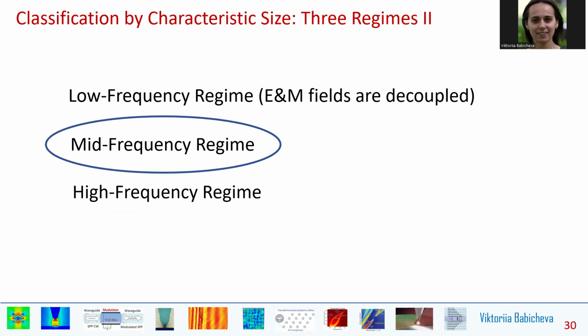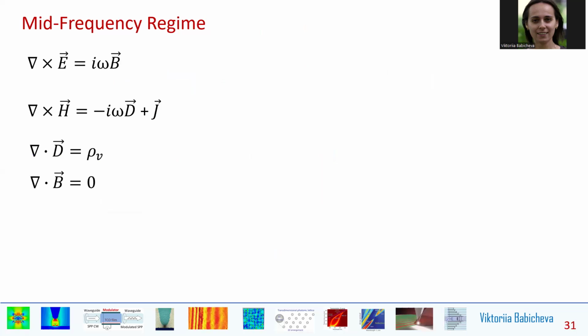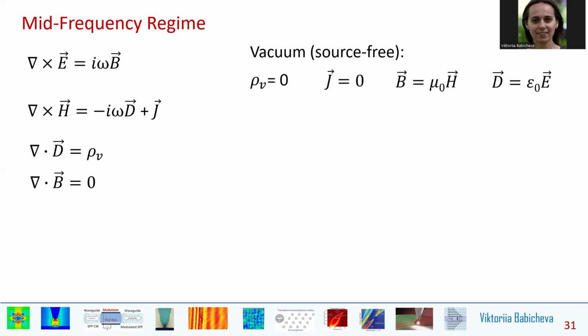Next, let's discuss the mid-frequency regime in electromagnetics. Earlier I showed the Maxwell equations with time variable. One can Fourier transform the Maxwell equations and arrive at the frequency domain version of the electromagnetic equations.